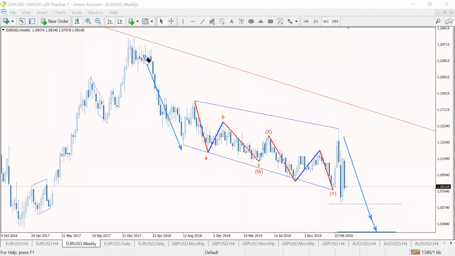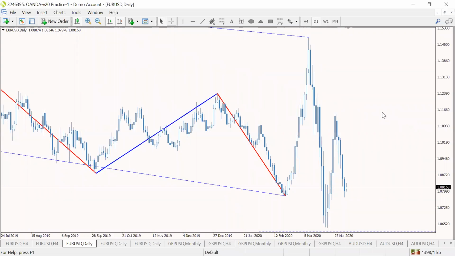You need to keep that in your mind. Now, what can happen in this structure is that we have this move right here.